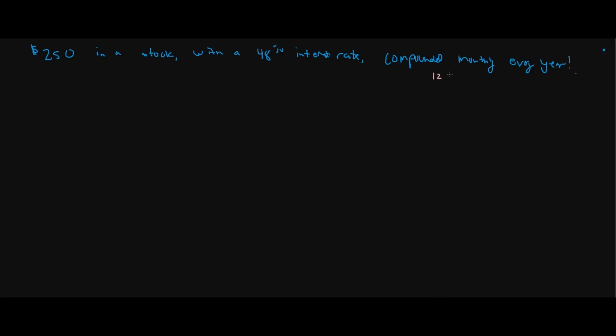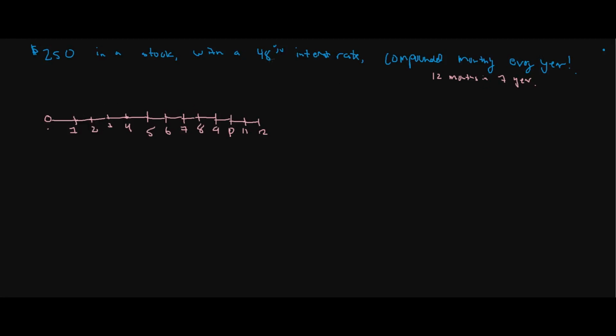There's 12 months in 1 year, so we're going to take that 1 year and break it up into sections: 1, 2, 3, 4, 5, and so on up to 12, because there's only 12 months in a year.